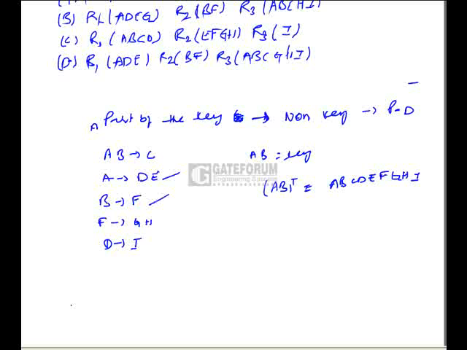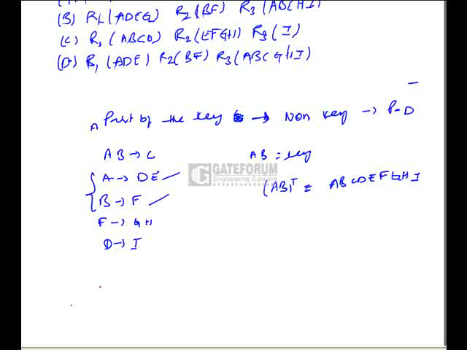Why? Because B is part of the key and F is a non-key. So we have to eliminate these two partial dependencies for the table to be in 2NF. So the functional dependencies which are violating 2NF should be kept in separate tables.